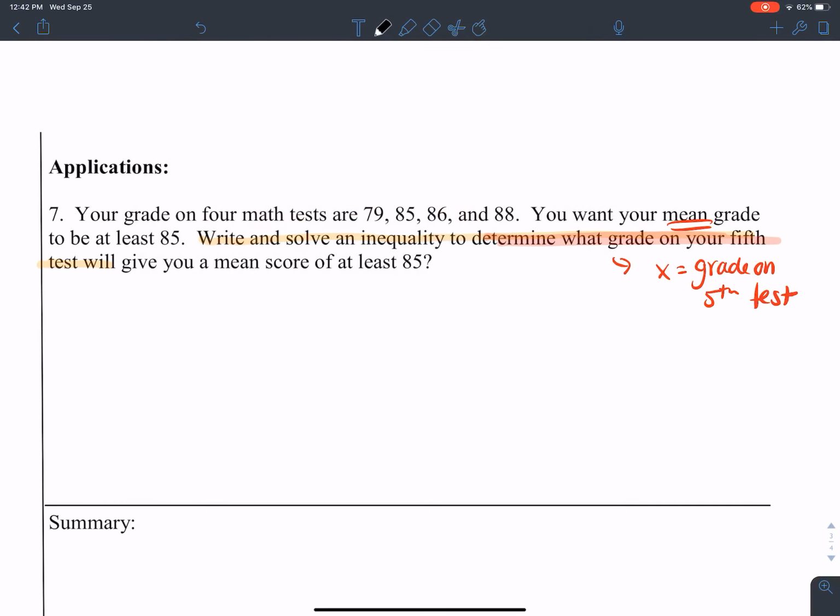The second thing when working with inequalities, it's really nice to know that inequalities compare two things at once. So we have a goal grade, and then we have our average grade.